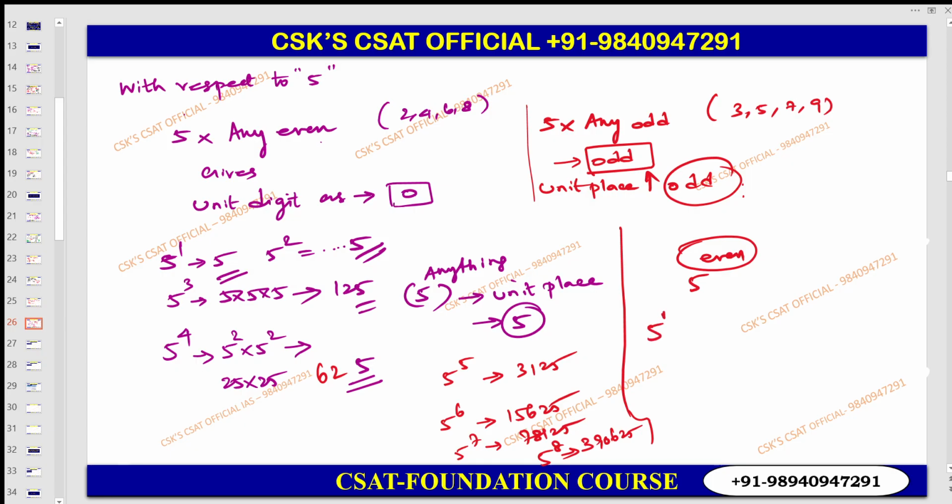So whatever the 5 power even, or else we can take 5 power n, where n is even, and n is greater than 2, taking 5 power 4, greater than 2.